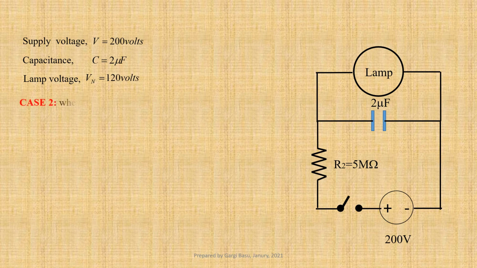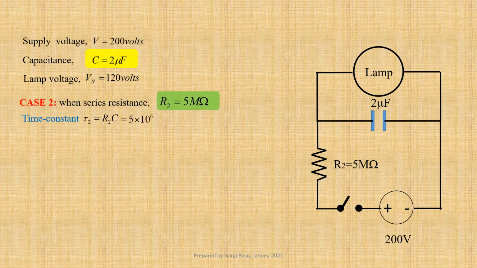During case 2, series resistance R2 equals 5 mega ohm. Time constant tau 2 equals R2 into C, that is equal to 5 into 10 to the power 6 into 2 into 10 to the power minus 6, that gives us 10 seconds.